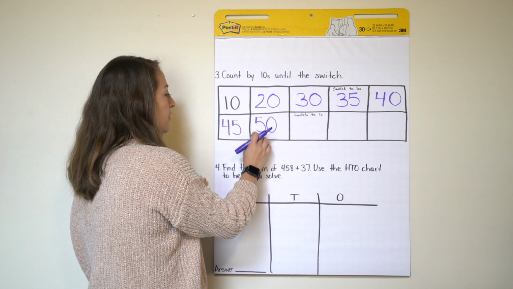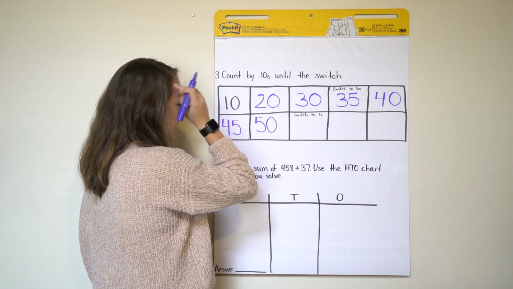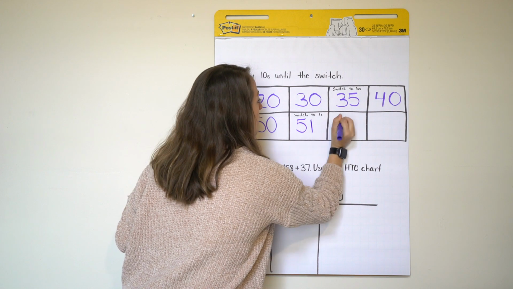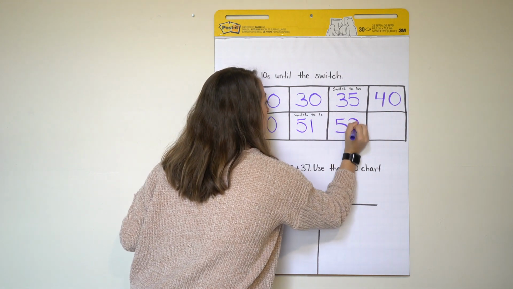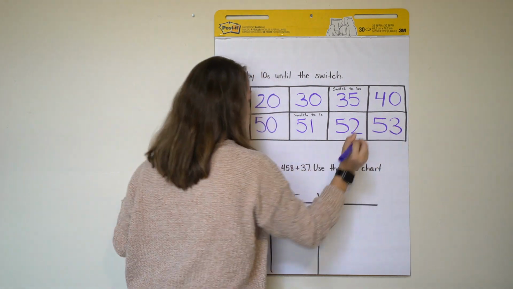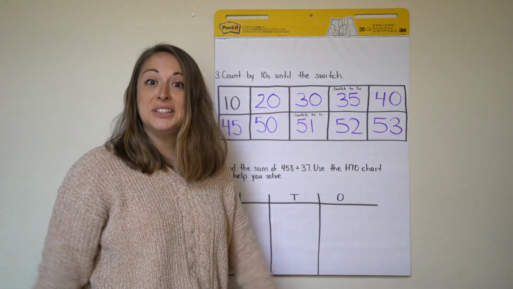Okay, starting with 50. Now we're counting by 1s. 50, 51, 52, 53. All right, that was a lot of fun.